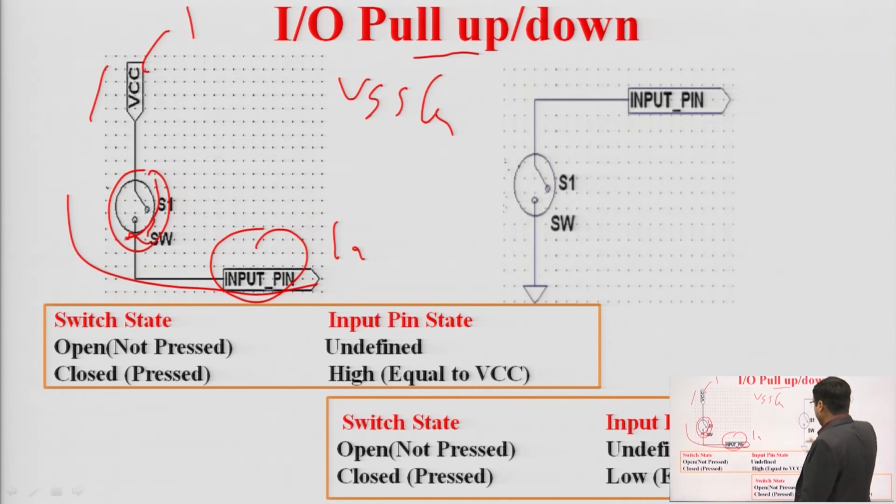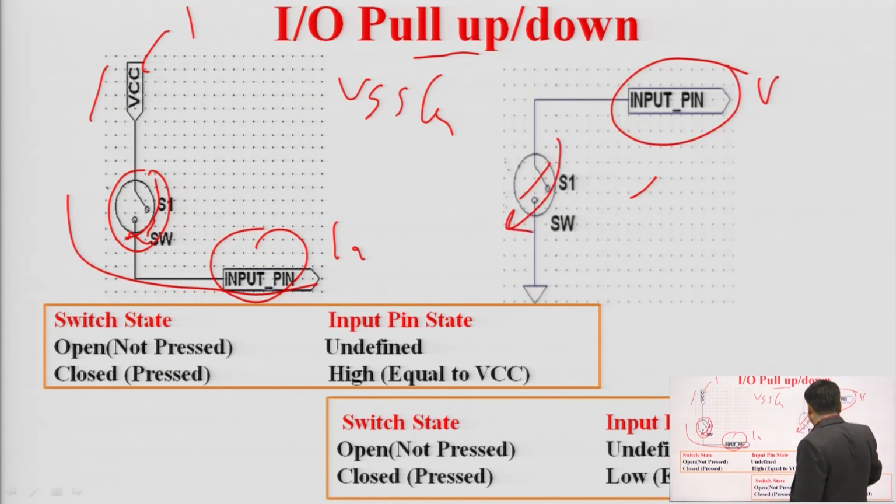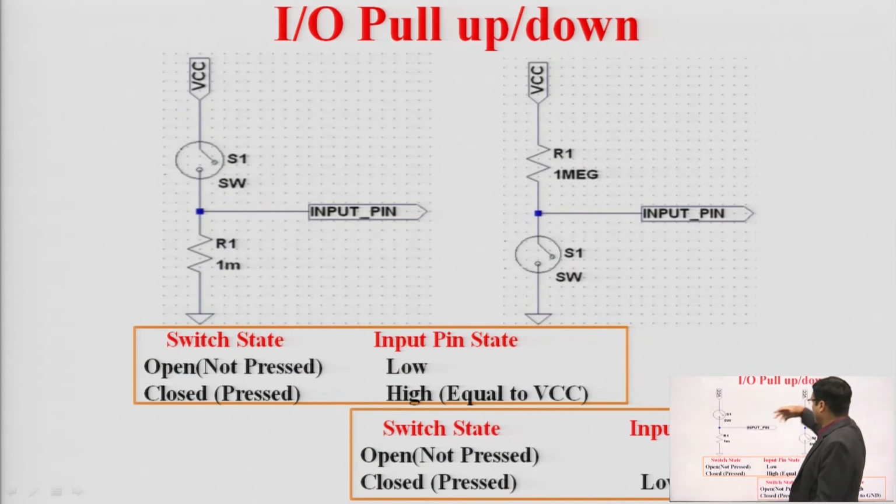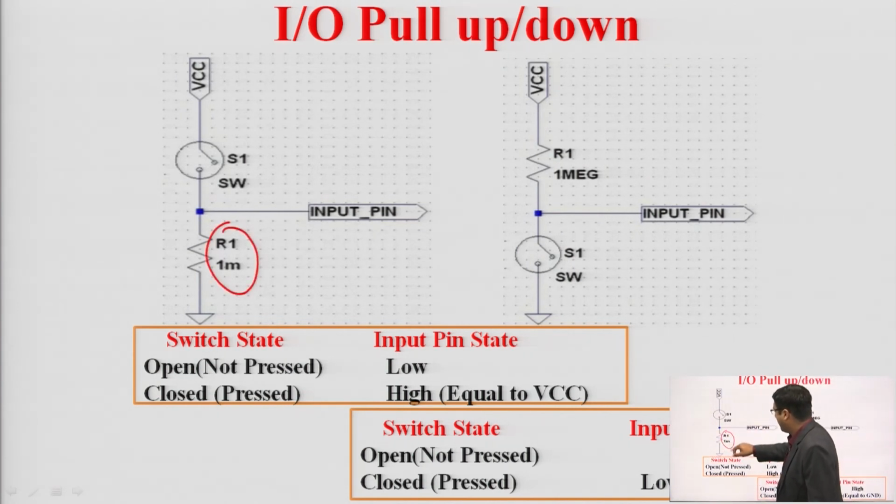Similarly, if we are grounding this system and the switch is open, again the input pin has an undefined state. But if this switch is closed, the pin is connected to ground. So if we provide a pull up register, here R1 is a 1 mega ohm resistor, and it works as a pull up and down register.